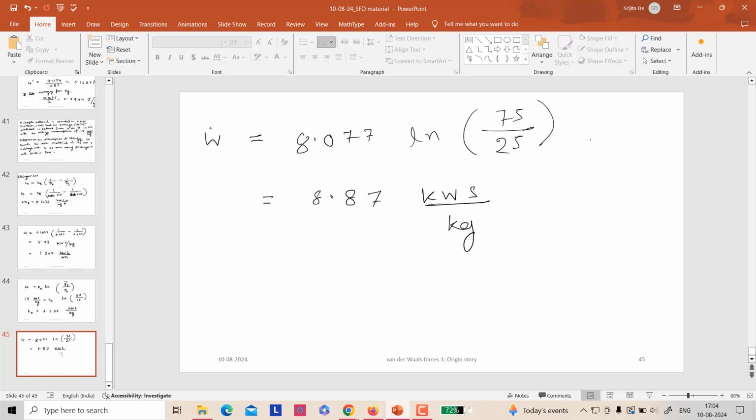Similarly, you have to convert it into hour, that is 2.46 kilowatt hour per ton. So this is the example of Kick's law and Rittinger's law of size reduction.